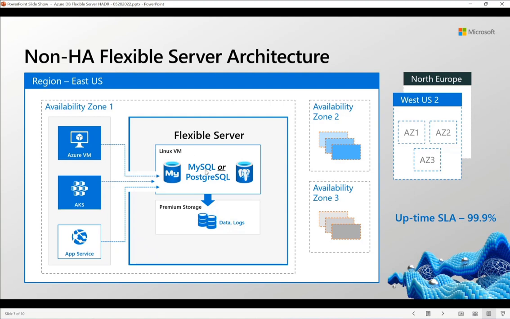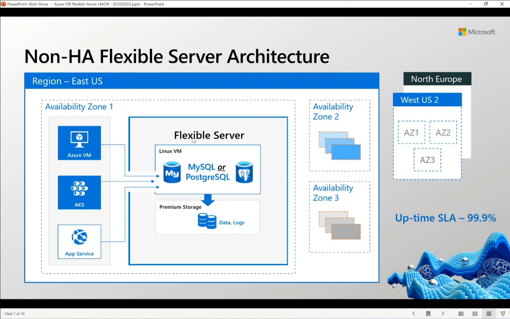And then you have MySQL version 5.7 or 8.x. So that's something you can select at the time of provisioning. And underneath, we have premium storage, which we are using to store all your data files, log files, and temp files. So storage and compute have been decoupled, as you will see in most cloud deployments.